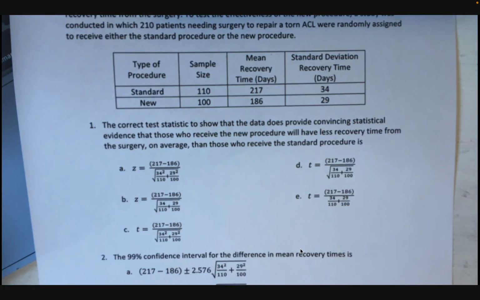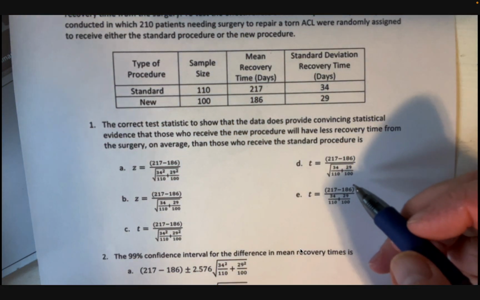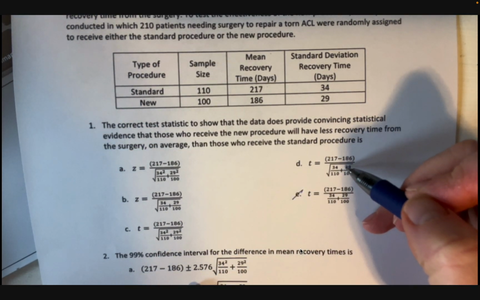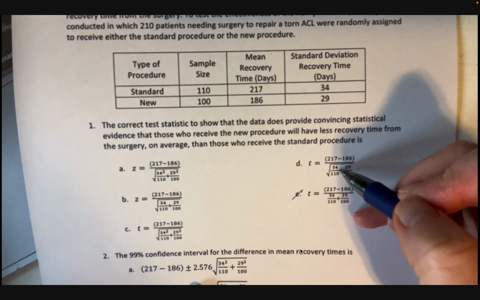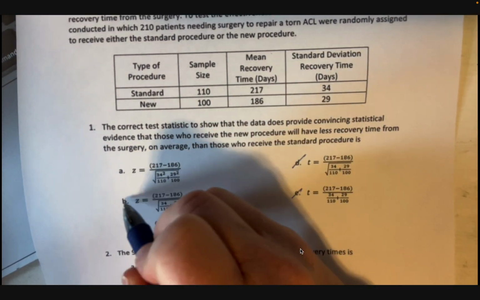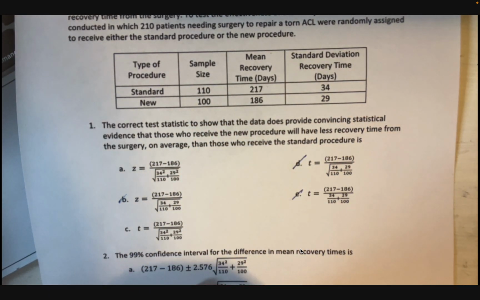So it's going to be your s1 squared divided by n1, plus s2 squared divided by n2. And again, the whole thing is under the square root. So if I look here, this one doesn't have a square root in the denominator. This one does not square the s's. This one does not square the s's.